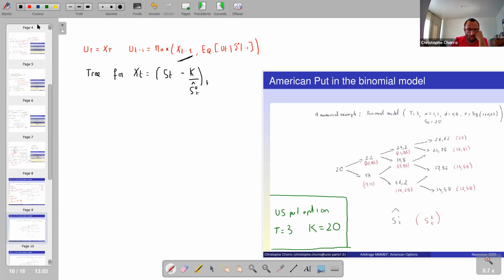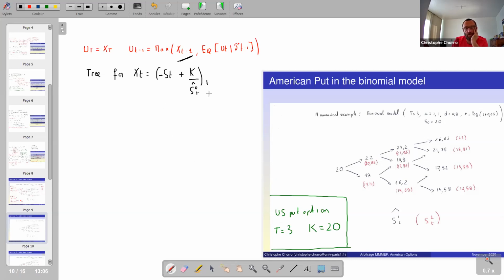So excuse me, it's a put, it's not a call, so I don't have a minus here. I have a minus here, and I have a plus here. It's a put option I want to price here with K equal to 20.